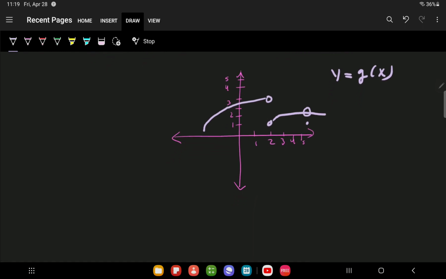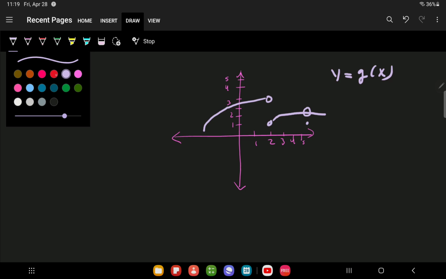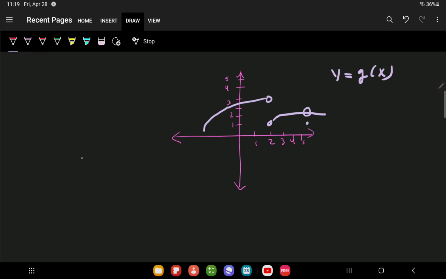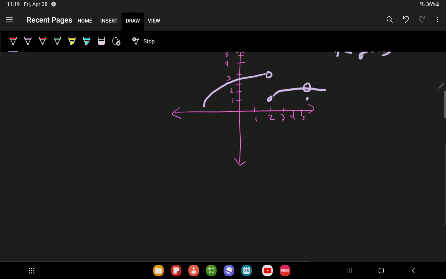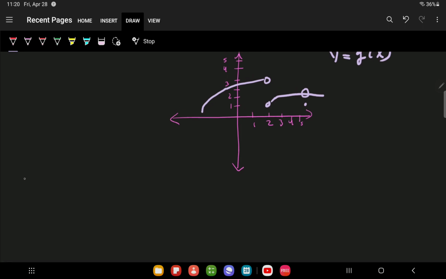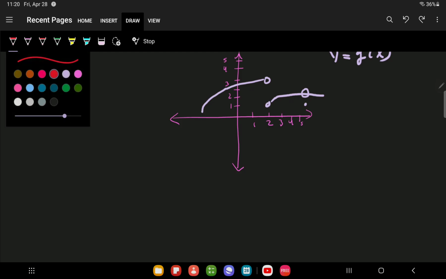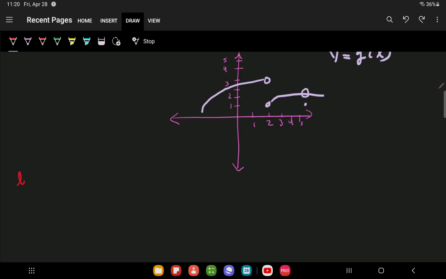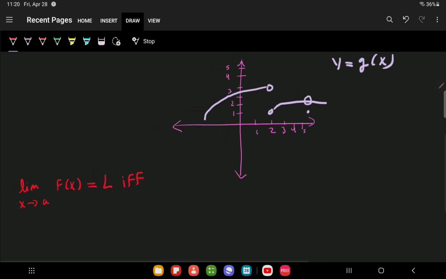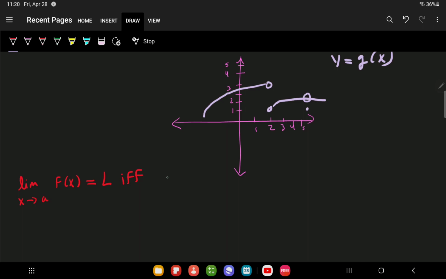And so one definition of a limit, and how I would like you to think about it, is that the limit as x approaches a of f of x is equal to this capital L if and only if the left-hand limit and the right-hand limit are the same.